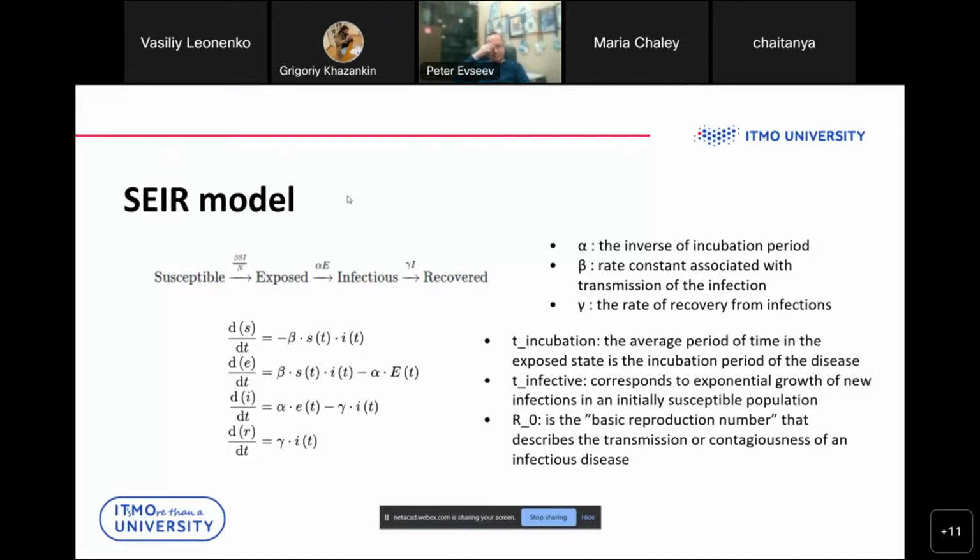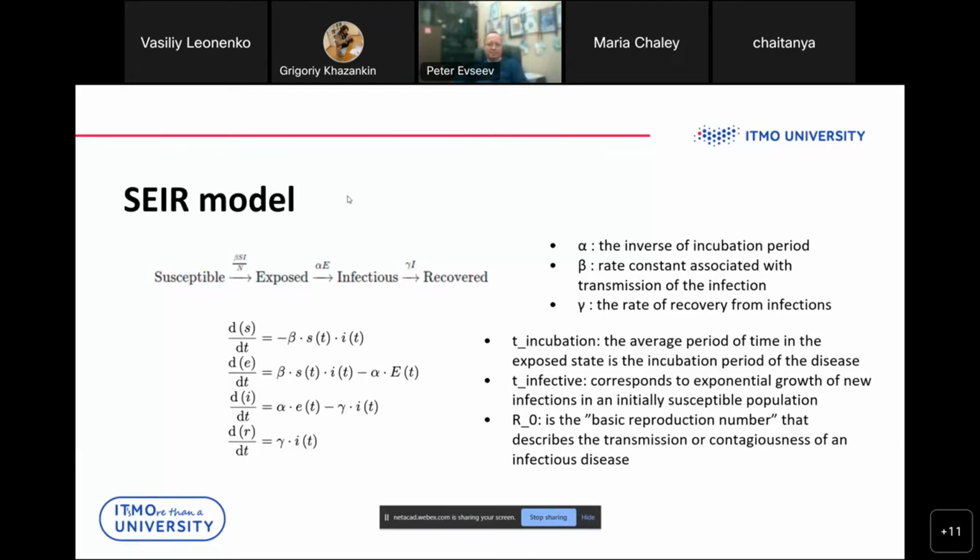Basically, compartmental models for infection dynamics are used to analyze and predict the rate of infection spread in a region. One of the compartment models is the SEIR model. Here, the population is divided into compartments such as susceptible, exposed, infectious, and recovered, and the relations between these compartments are governed by differential equations.